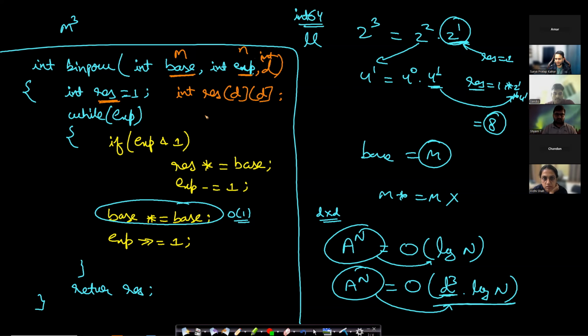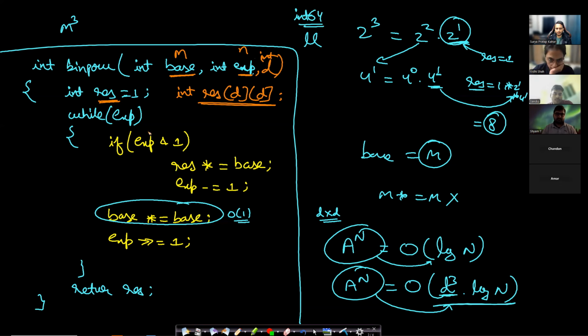It is up to you. If you don't initialize, it will take garbage value and you have to initialize zeros somewhere. Better to use a vector and initialize with a zero value, or do a memset function and apply the zero definition to this. Whatever way you do, you have to take this thing.